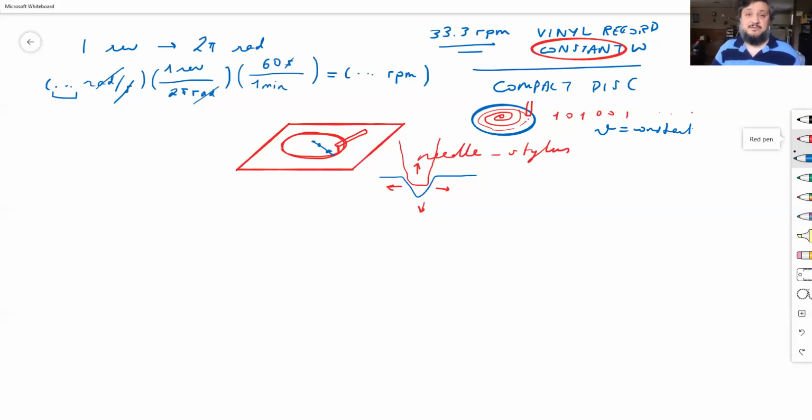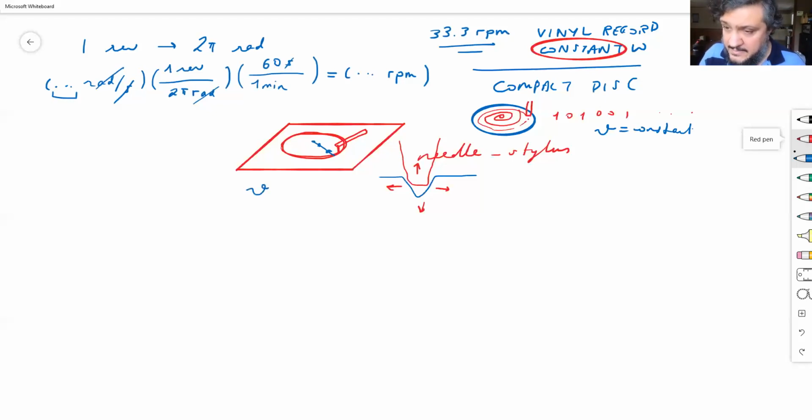At the center, the bug will just rotate around itself with 0 V. So there's a linear relationship between the velocity and how far you are from the center, all right?